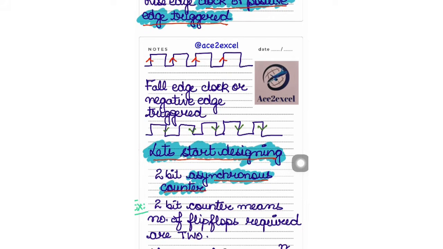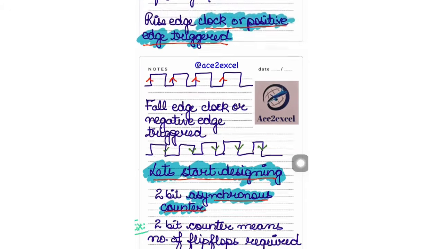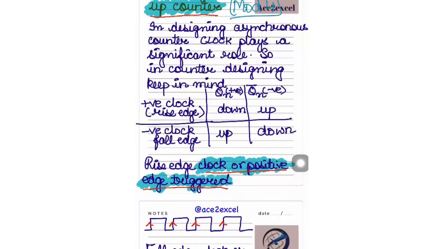Now, for designing an asynchronous counter, this basic map should be kept in mind: there are two types of clock, positive clock and negative clock. There are two types of flip-flop outputs in every flip-flop, positive output and negative output, that is Qn and Qn bar. If positive combines with positive, the counter designed will be down.